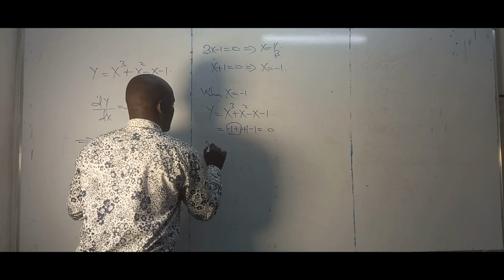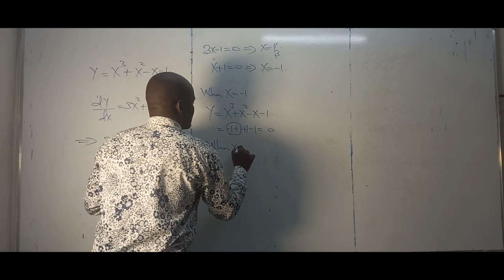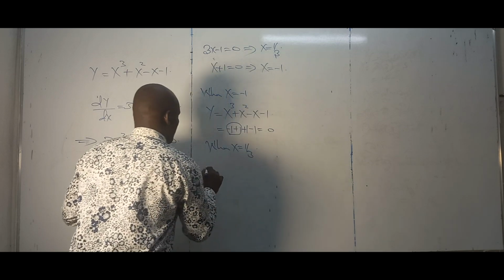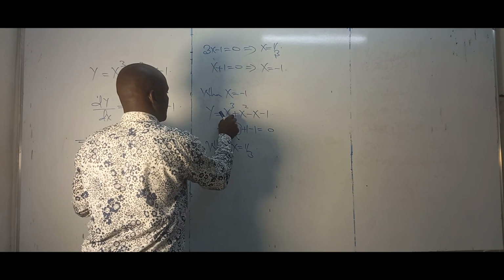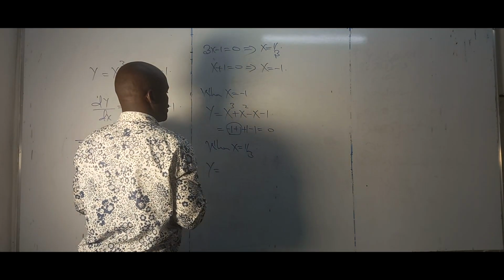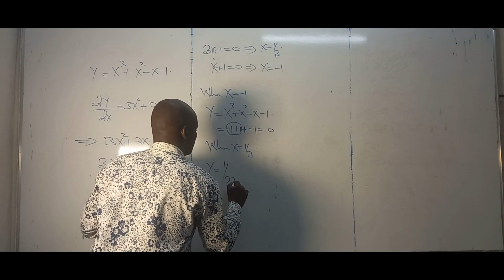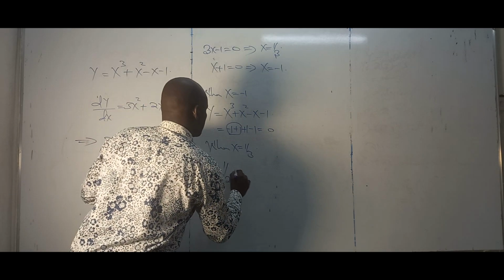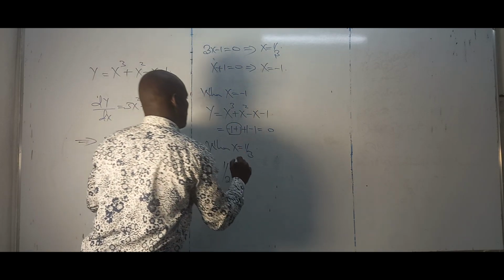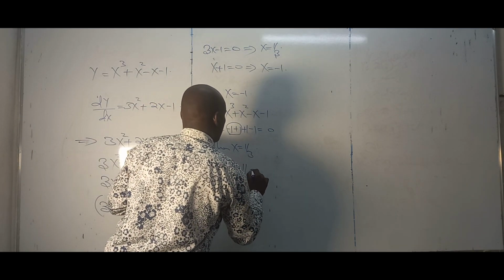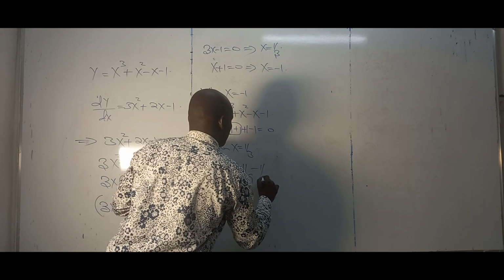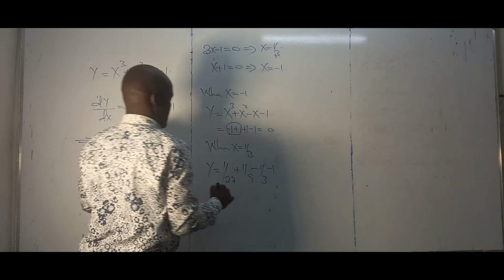Now, when x is a third, then y will be 1 over 27 plus 1 over 9 minus 1 over 3 minus 1.